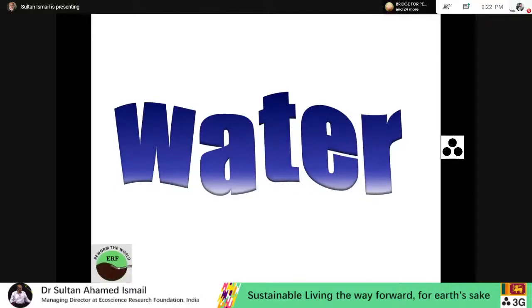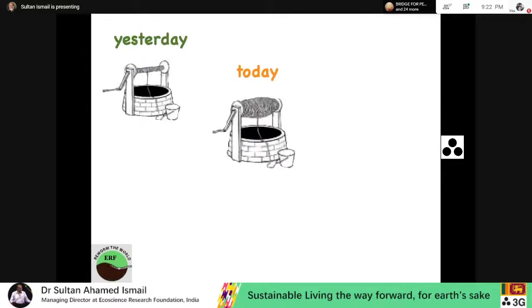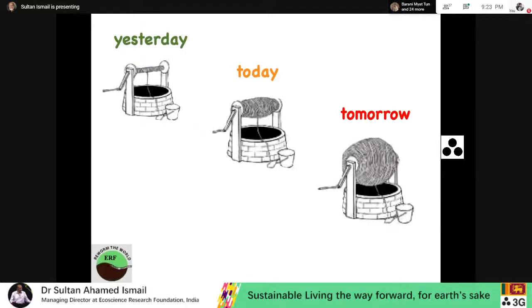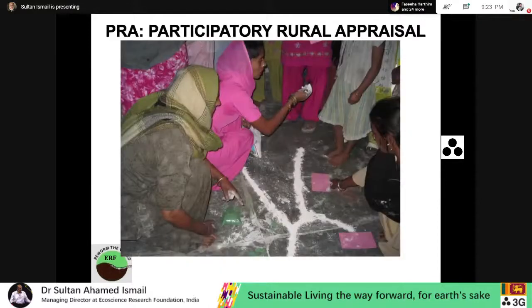Water is another criterion I want you to understand. This is how our wells were, this is how our wells are, and this is how our wells are going to be. So please harvest water. And all the volunteers of 3G, I don't believe in the government maps when I go to villages. I believe in participatory rural appraisal, PRA.